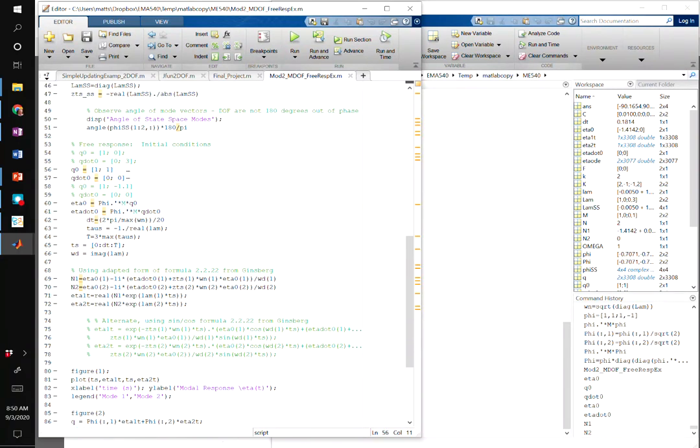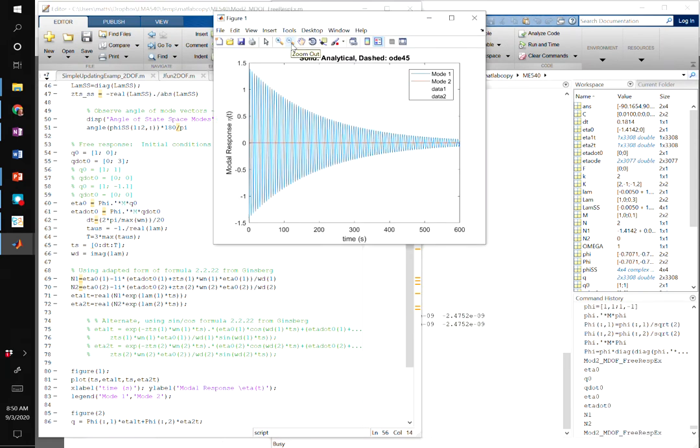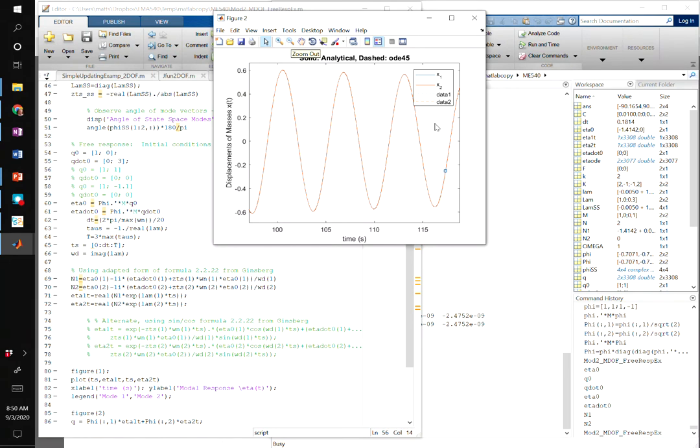We could get, if we took a more general case, let's try this one right here. If we took a more general case, we'll get both modes being excited.